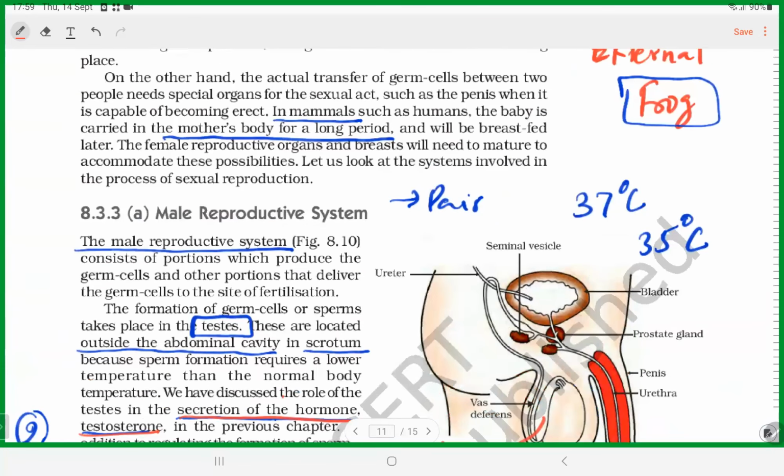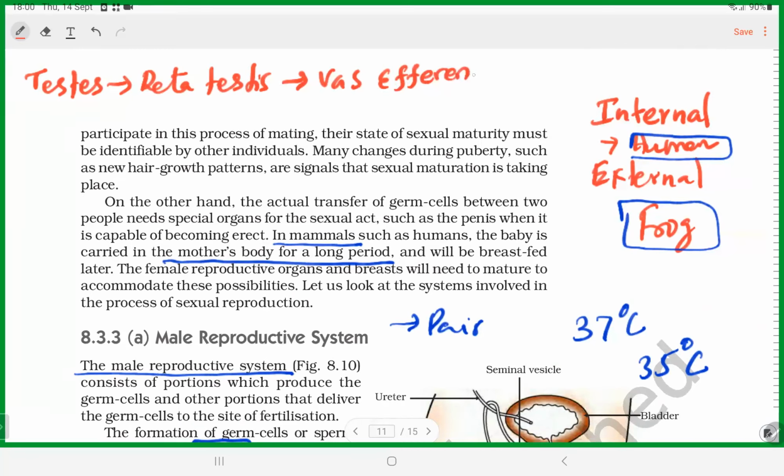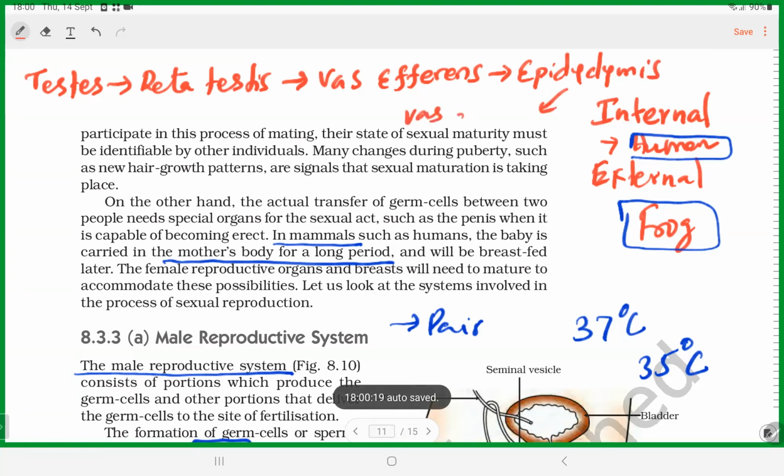Sometimes they may ask the lineage, so please note it down: testis leads to rete testis, then vas efferens, then epididymis, then vas deferens, and then urethra.